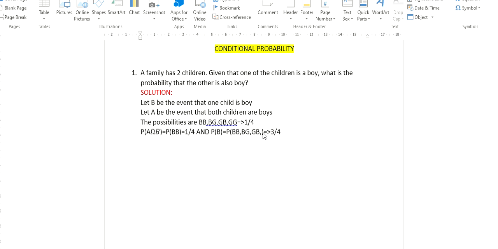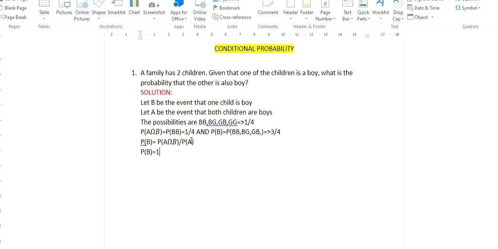Now directly we will apply the conditional probability formula. Since these two are independent events, I'll write the same formula: probability of B given A equals probability of A intersection B divided by probability of A. Just substitute this. What is the probability of A union B?